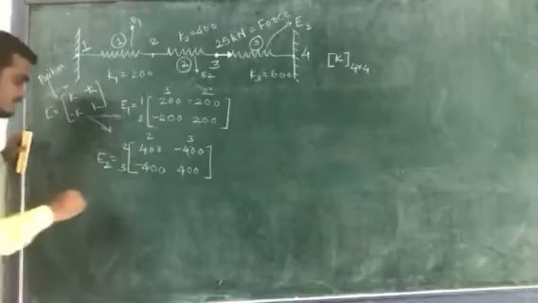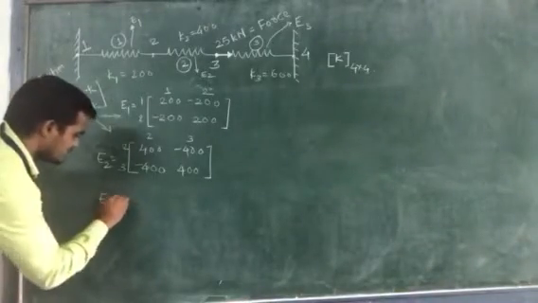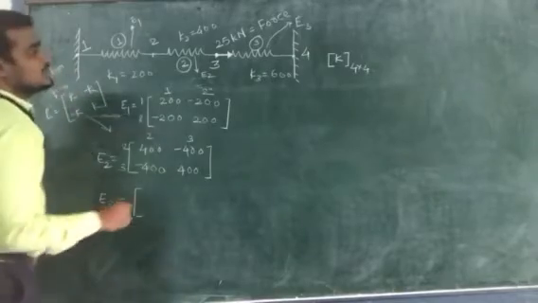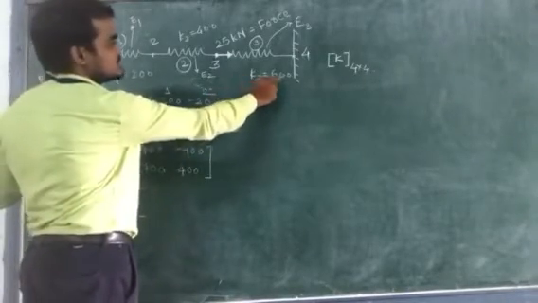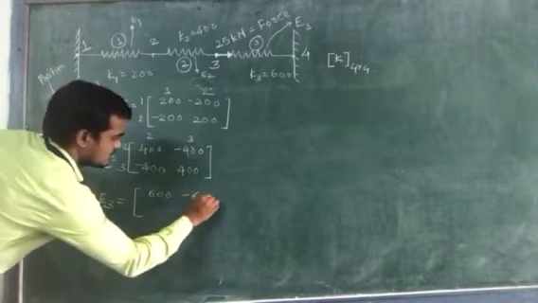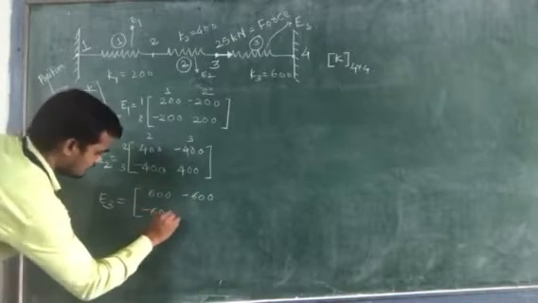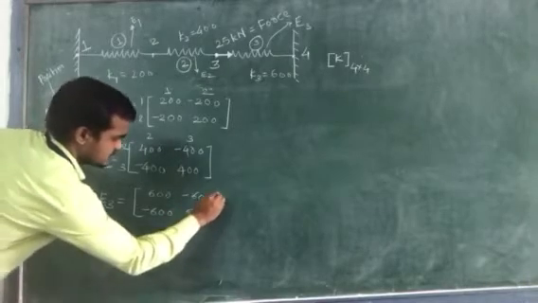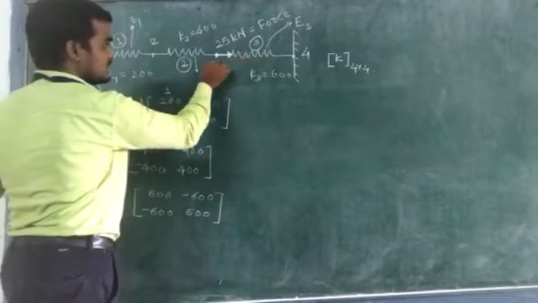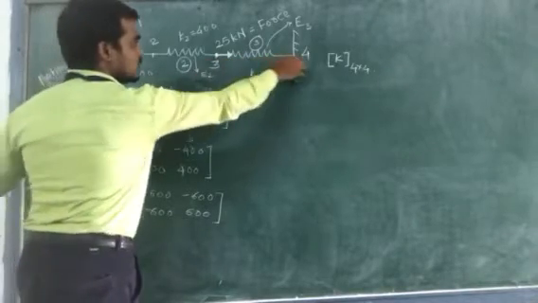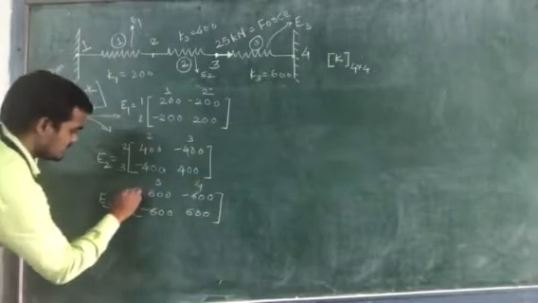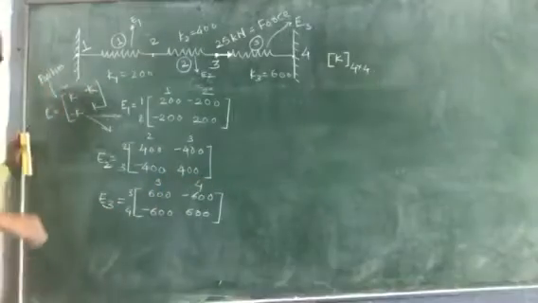Then finally, elemental stiffness matrix E3: K3 is 600, so it will become 600, minus 600, minus 600, 600. And the position of this E3 lies in between node 3 and node 4, so between 3 and 4.